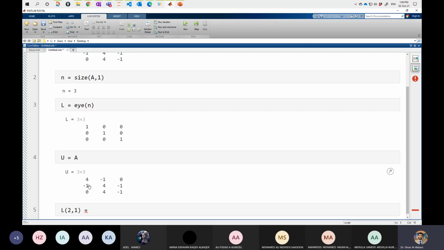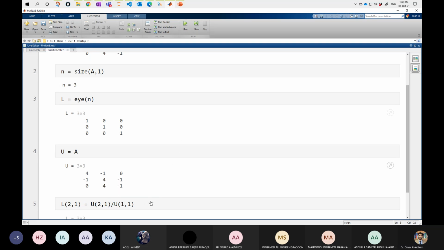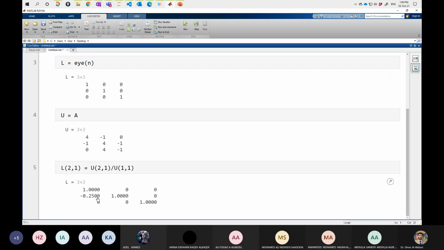That element, how much is it? It equals U 2, 1 divided by the pivot 1, right? Which is minus 1 over 4. Done with that.